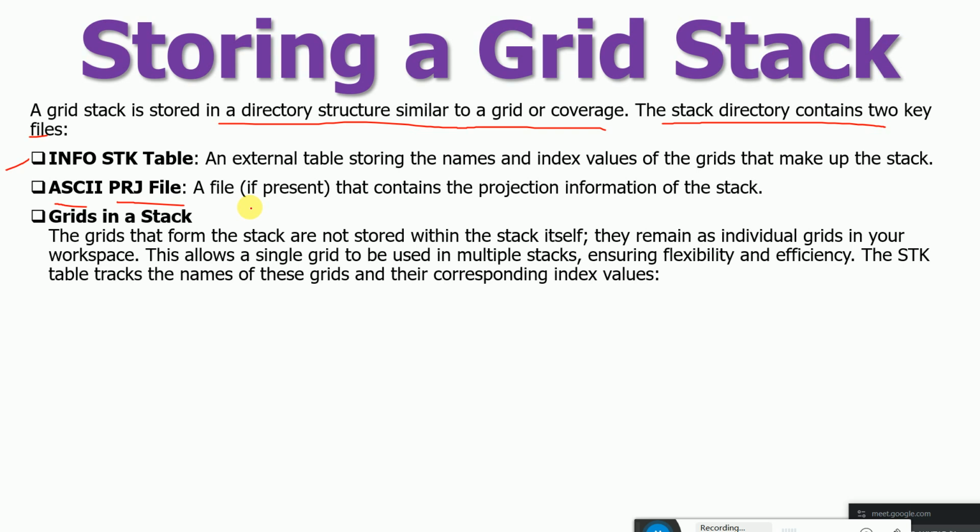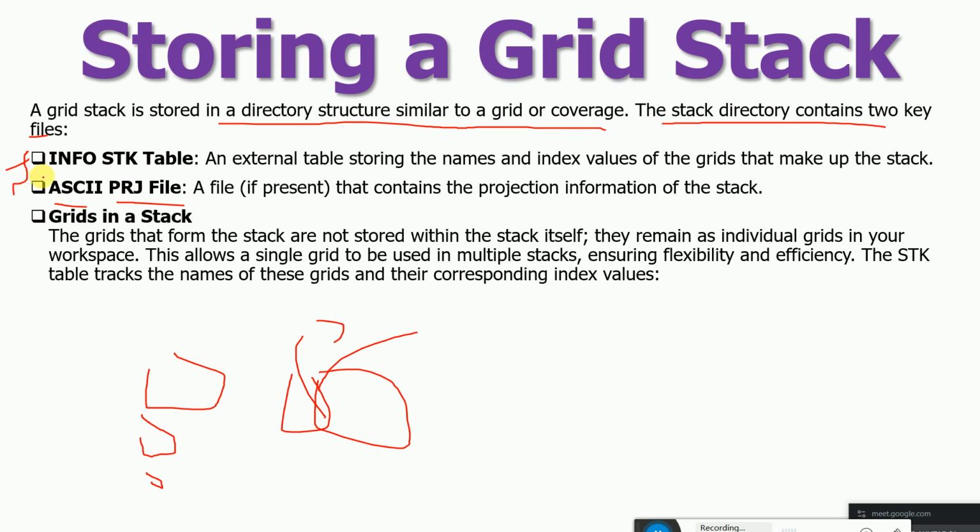So when you do the multi-layer stacking, this is layer 1, this is layer 2, and this is your stacking part. Automatically, two tables are generated: one is the info STK table and the other is the ASCII PRG table.